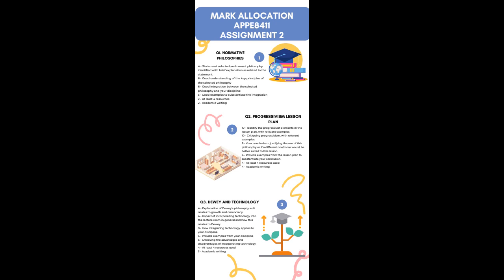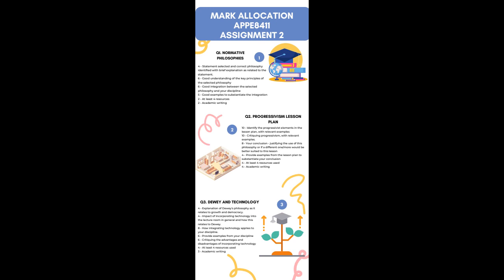So in other words, you're going to say in the lesson plan, there is, for example, a part where it says, I'm just trying to find one here quickly, that the students are encouraged to look at alternative resources. And let's say you don't think that fits in with progressivism at all. So then you'd say, okay, this is part of the lesson plan, but it doesn't really fit in with progressivism. They should rather have done X, Y, and Z. That would have been more a progressivist element.